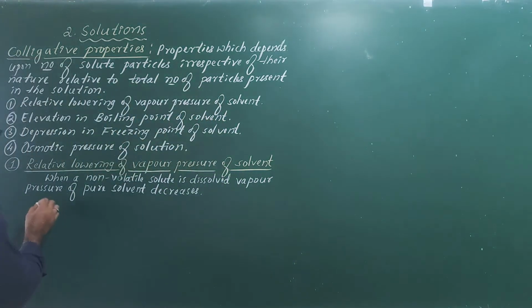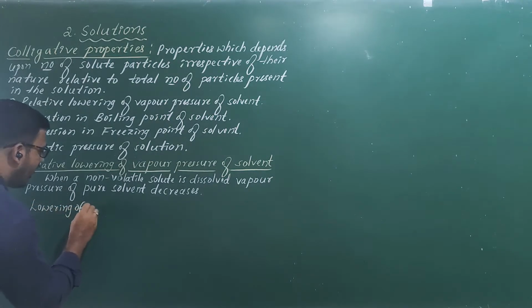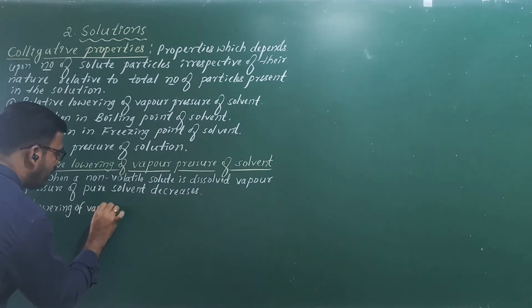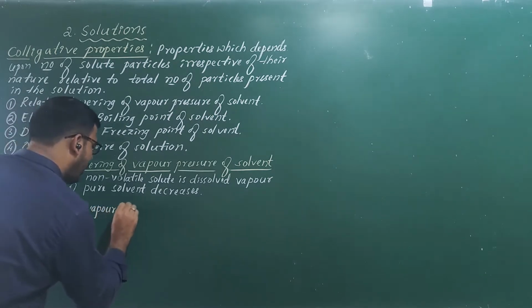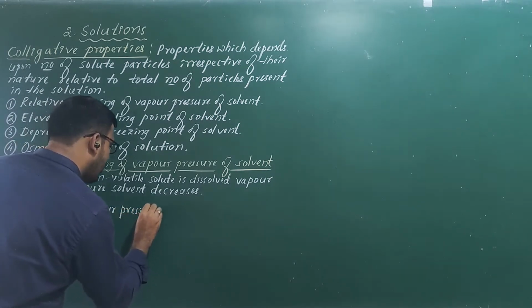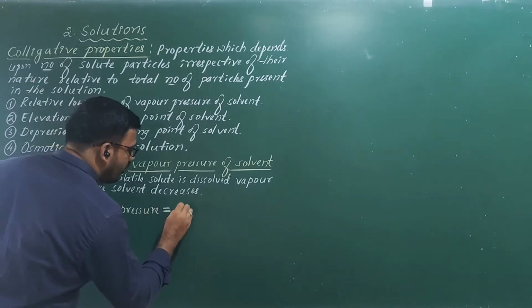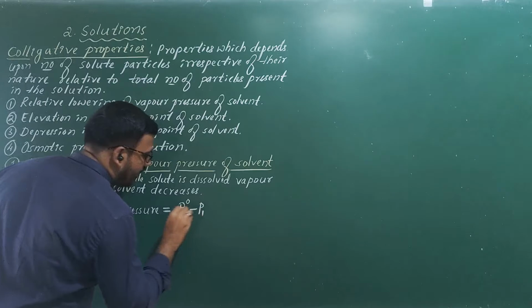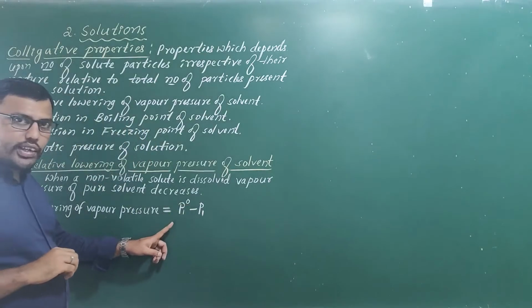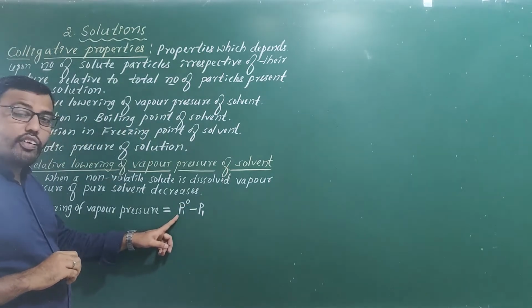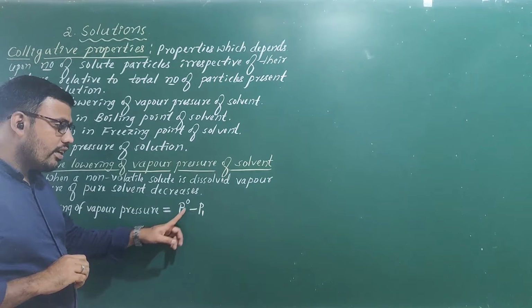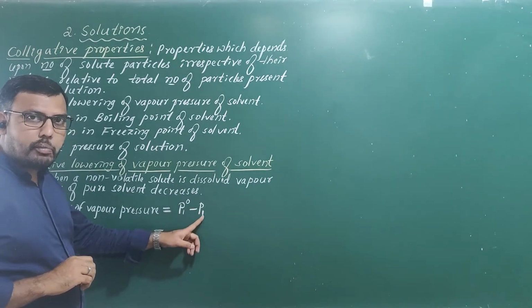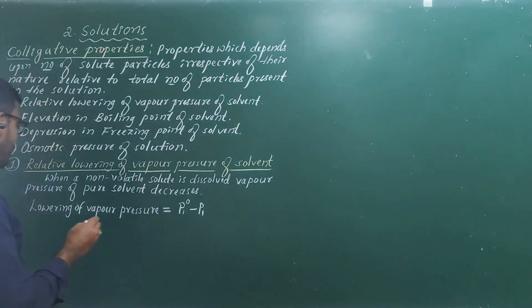Now lowering of vapor pressure is equal to P1 naught minus P1. So what is P1 naught here? Vapor pressure of pure solvent, and P1 is vapor pressure of solution.